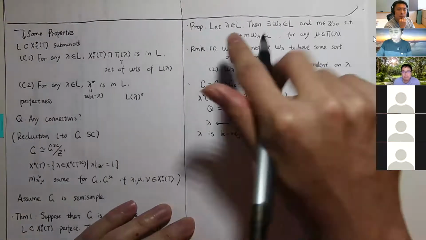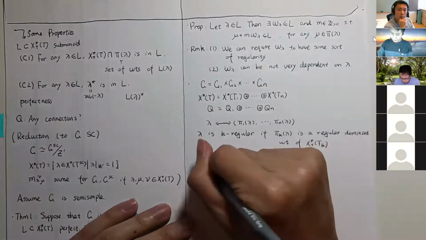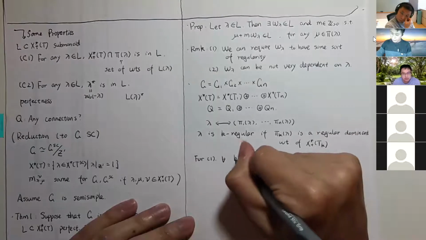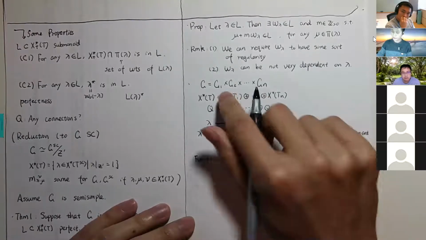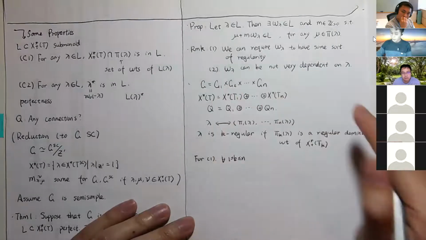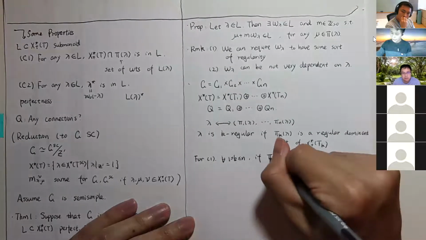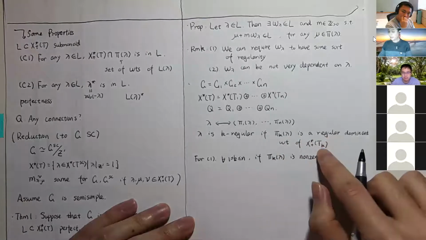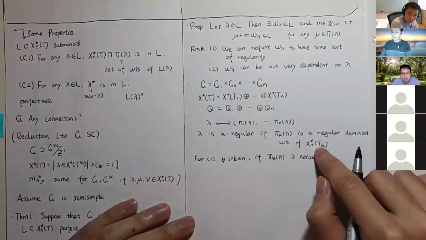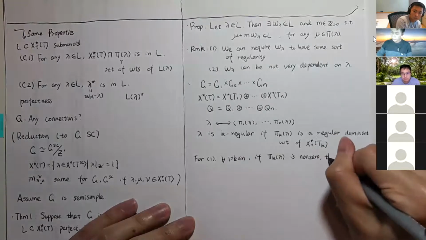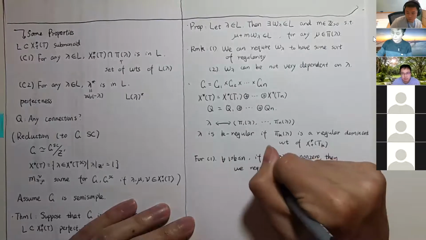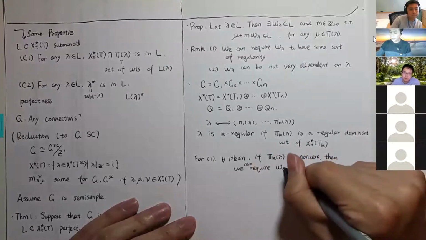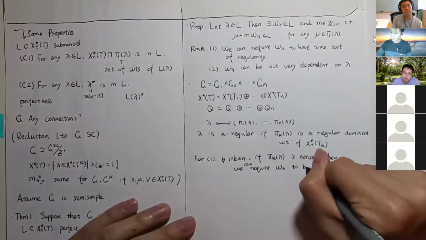For this remark one, what we have is, for any k between 1 and n, which is the index set for the components, if π_k(λ) is a non-zero dominant weight in X*_+(T_k), then we can require ω_λ to be k-regular.